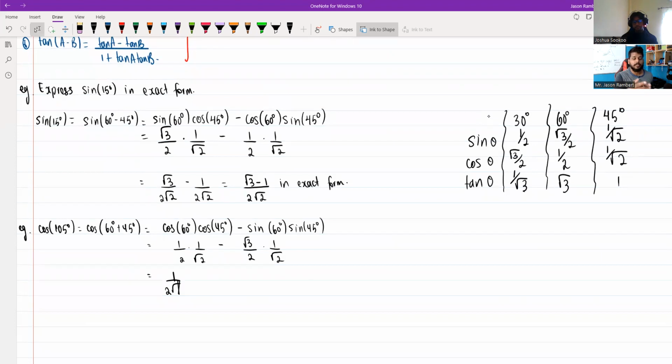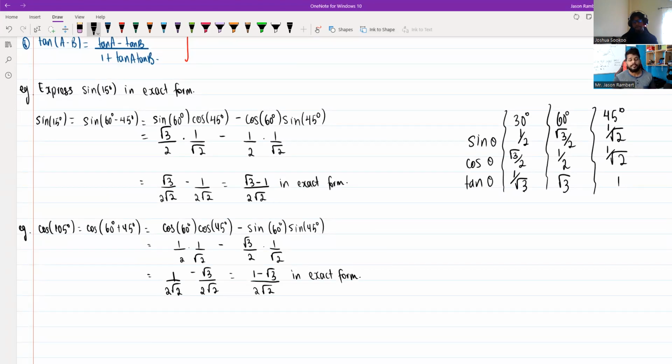They will look similar in terms of the method for their calculations. Minus root 3 over 2 root 2. And this one becomes 1 minus root 3 over 2 root 2, obviously in exact form.